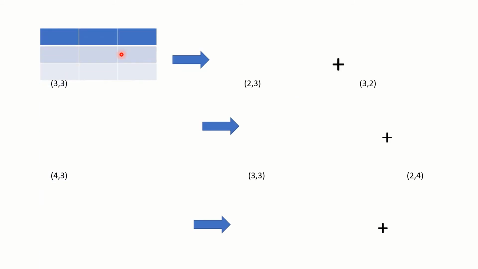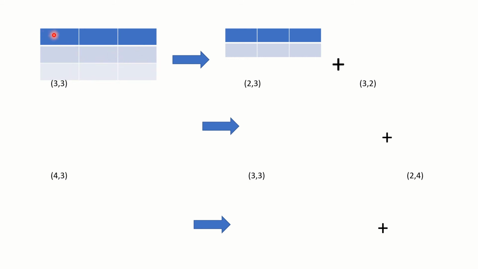Suppose a 3 comma 3 grid is there, meaning 3 columns and 3 rows. We can split that into 2 comma 3. Suppose we go here, we will face two columns, 3 rows, right? 3 comma 2. Suppose if we go here, we will face two rows, 3 columns, right?